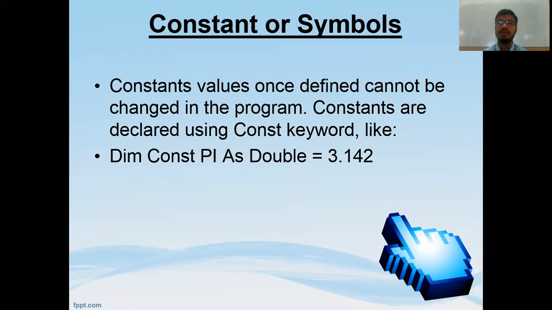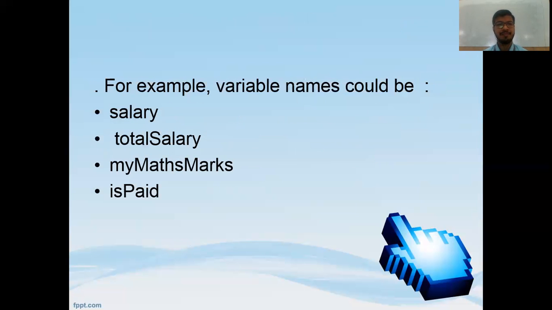So for example, what we have here is Dim Const pi As Double = 3.142. For any variable you want, for example, Dim Const a As Single = 514, if you give it like that, it will become a constant. That value cannot be changed. Okay. So likewise, this possibility is also available in Visual Studio or Visual Programming.